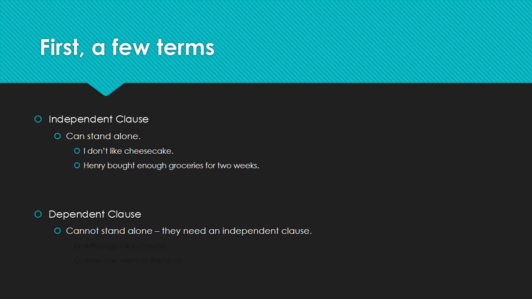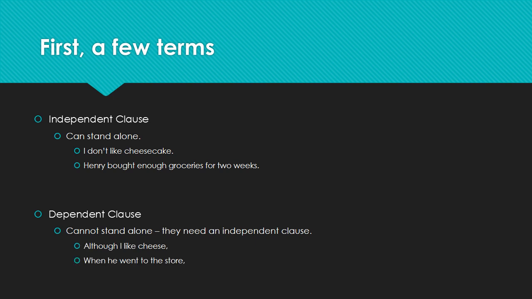Both of these sentences are complete and make sense. Dependent clauses, however, cannot stand alone. They need an independent clause to make them structurally complete. For example, if I say, although I like cheese, you're going to notice immediately that the sentence is incomplete.